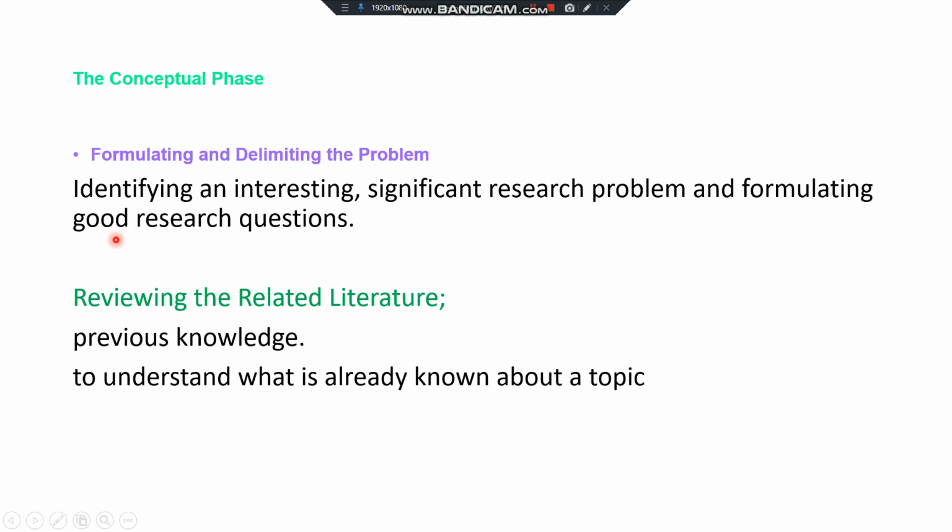So first one is formulating and delimiting the problems. Next one, doing the literature review. This is one of the important things, the previous knowledge. Understand what is already known about the topic. Here we are focusing on the value of doing upfront literature reviews.